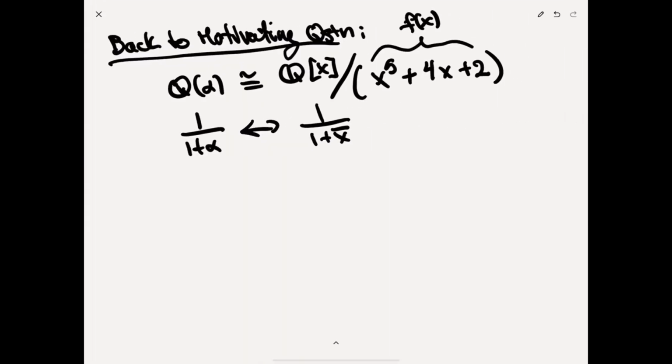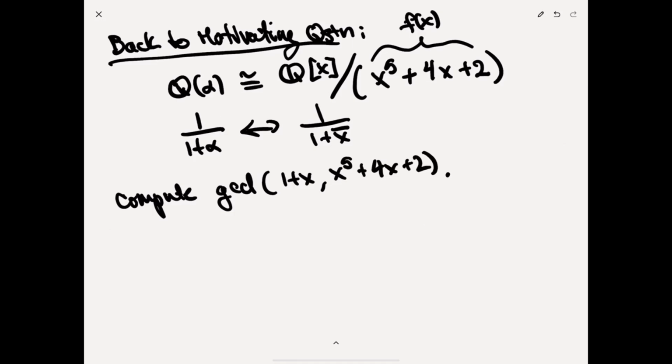So we compute the GCD of 1 plus x and x to the fifth plus 4x plus 2. To do this, we use the Euclidean algorithm.